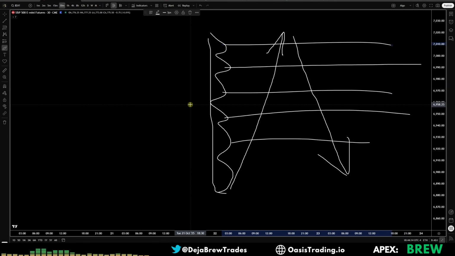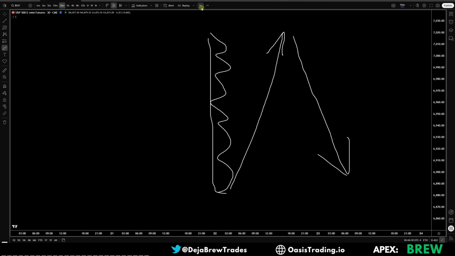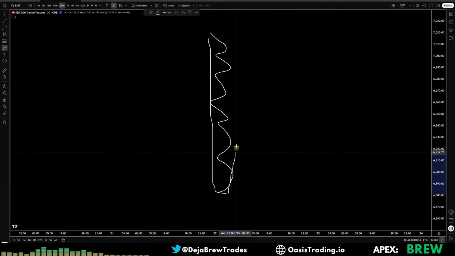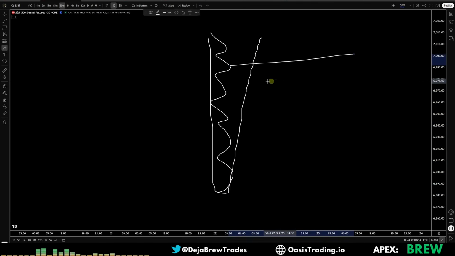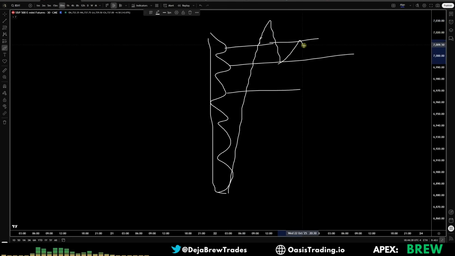What happens if we start using them as resistance? So think about if we were pushing up and we had all these nodes acting as support below us, but now we started to use that highest node as resistance. Maybe it was sweeping that node. Maybe it was a rollover top on that node. What happens if we did it again?